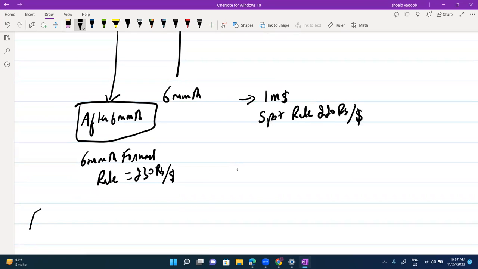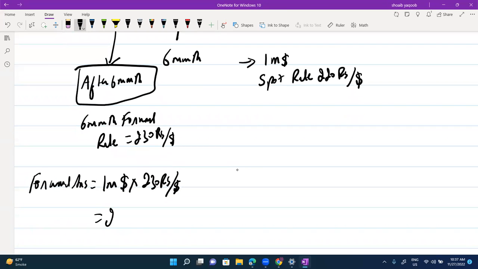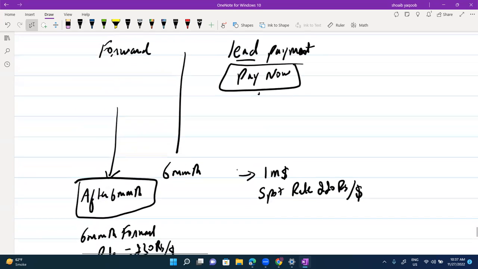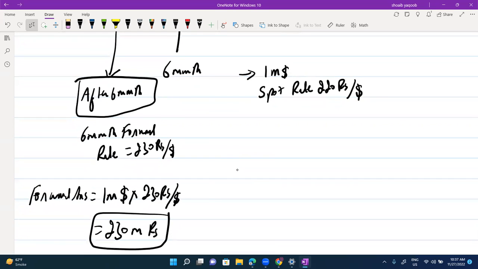So forward का आंसर आ जाएगा, forward answer will be $1 million into 230 rupee over dollar, 230 million. And लीड पेमेंट का मतलब है अभी पे करो, पे नाउ। सो इसका आंसर आ जाएगा $1 million into 220 rupee per dollar, that is 220 million.